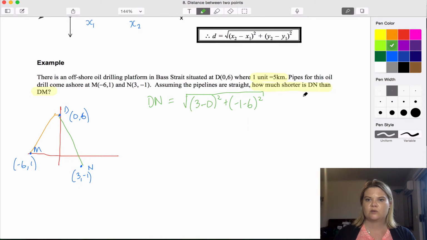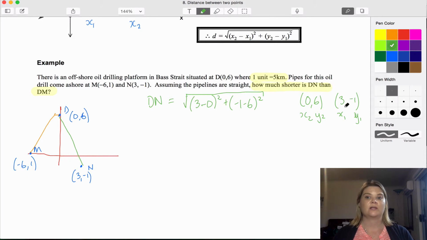So it can be useful to put it here: (0, 6), (3, -1). This one is x1, y1, x2, y2, so you can quickly read it off. If you can read it off here, that's fine as well, but make sure you don't get them back to front and get yourself confused.